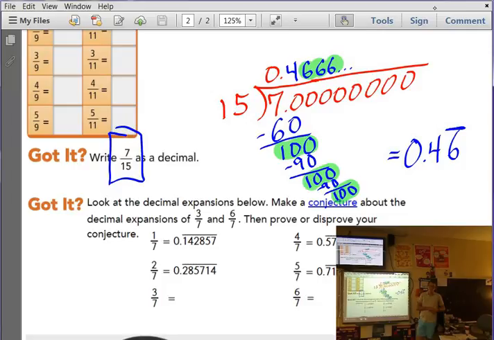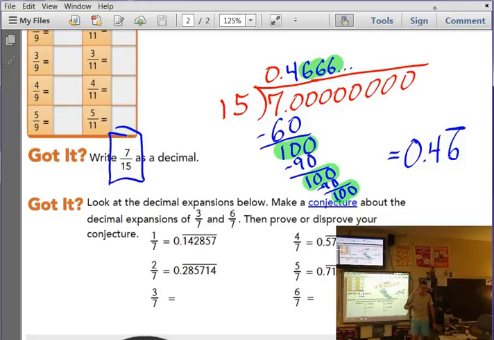The definition of a rational number is any number that can be written as a ratio. Is this number able to be written as a ratio? Yeah, it's 7 to 15. It is 7/15. It is in rational form when we start. This is a rational number because any number that can be written as a fraction, hey look, it's written as a fraction, is a rational number.